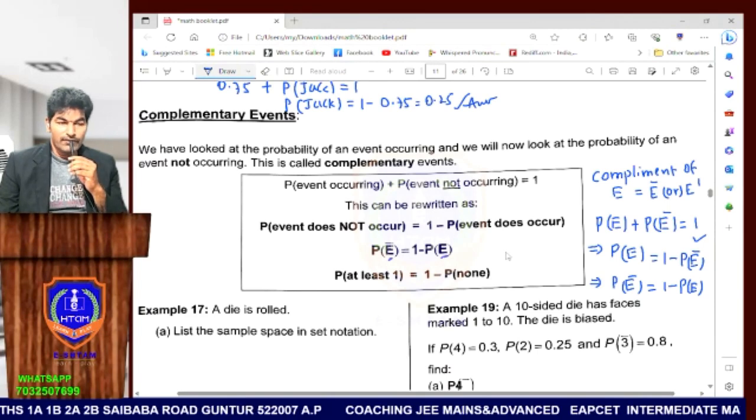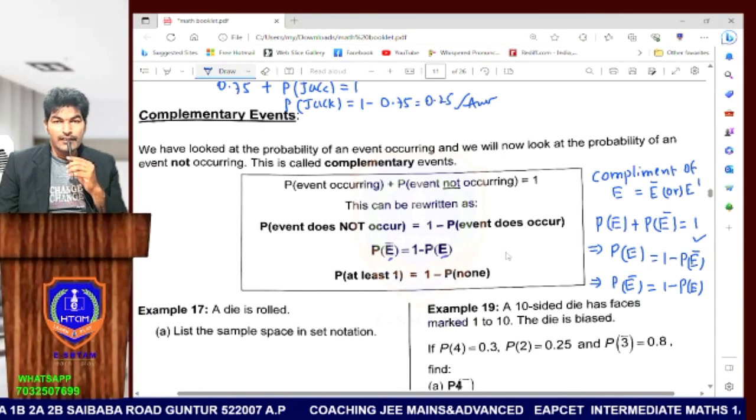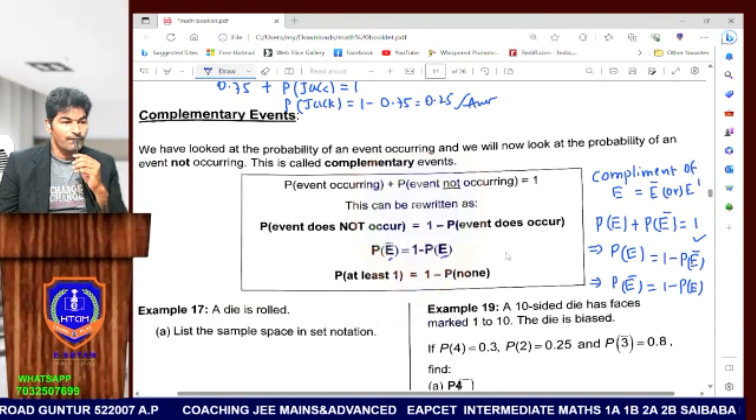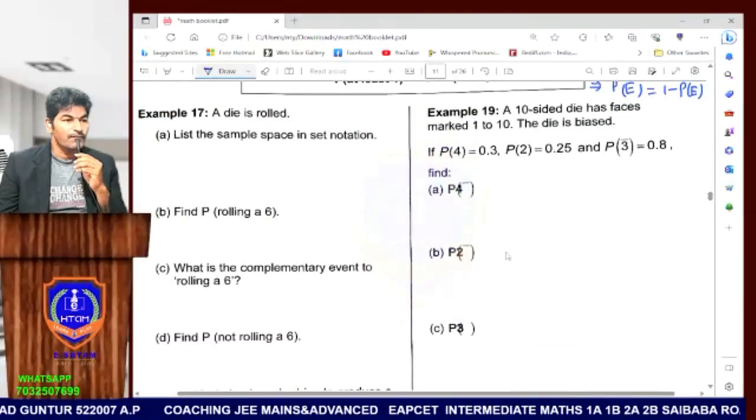If P of E is known, you can calculate P of E bar, and if P of E bar is known, you can calculate P of E. Understood? Okay, next.